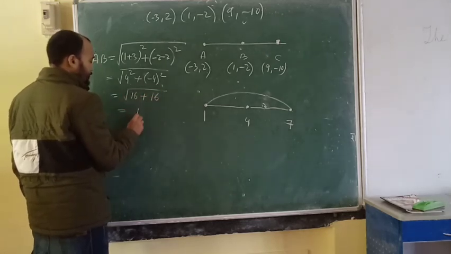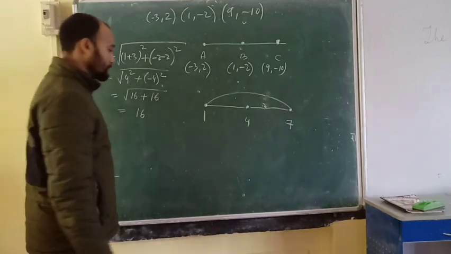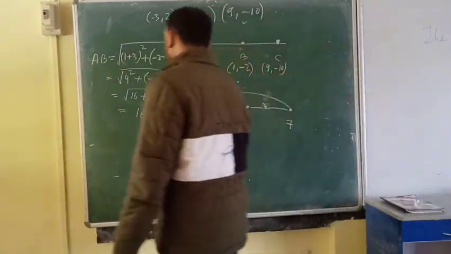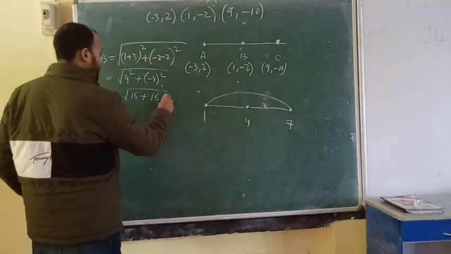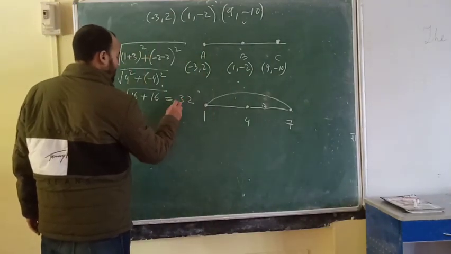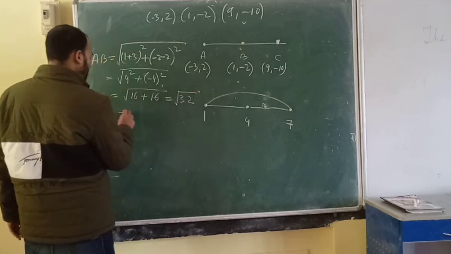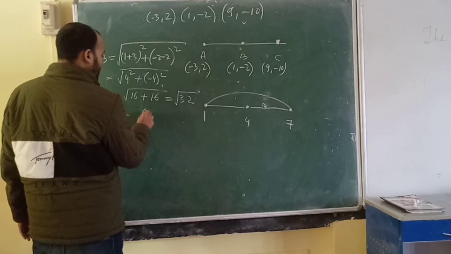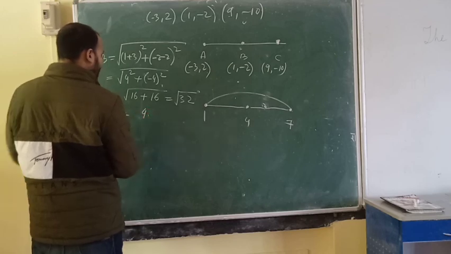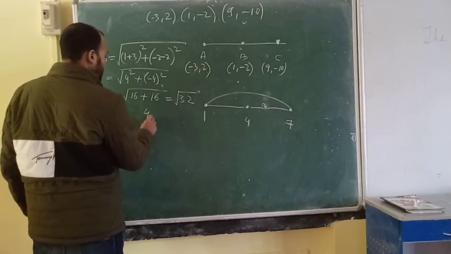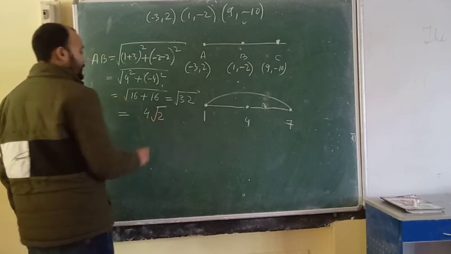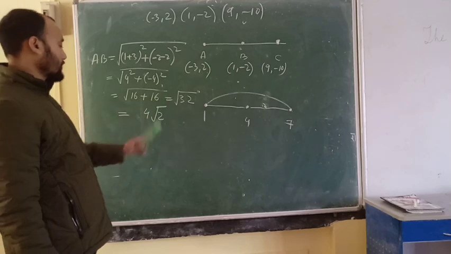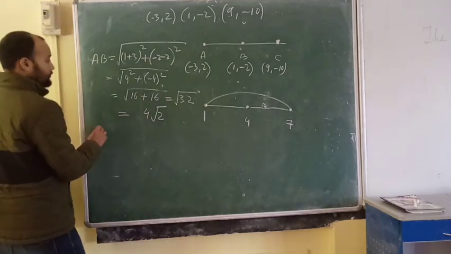Not 16, it is 32. Root 32. How can we split this? 16 times 2, so 16 comes out as 4. So this is 4 root 2.